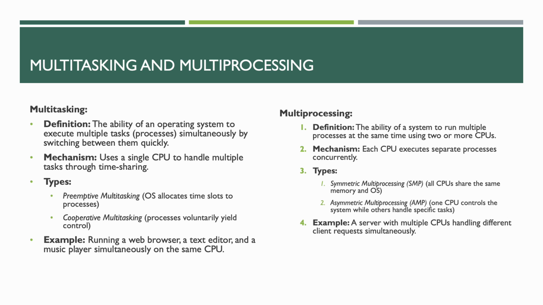Symmetric, where all CPUs share the same operating system and memory, and asymmetric is where one CPU controls the system while others handle specific tasks. And a real world example of multiprocessing would be a server handling multiple client requests using multiple CPUs.